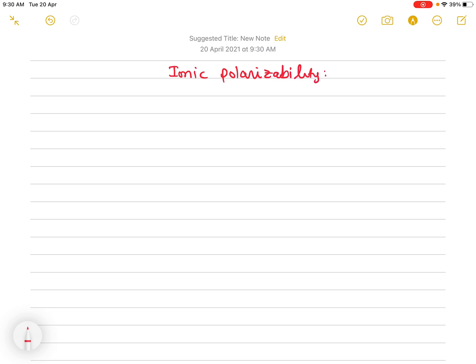So, in an ionic substance, there are cations and anions. For example, we consider sodium chloride, which is an ionic substance in which there are sodium ions and chloride ions.